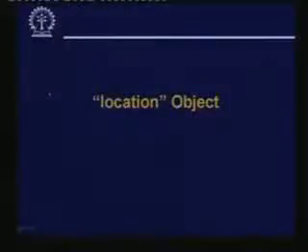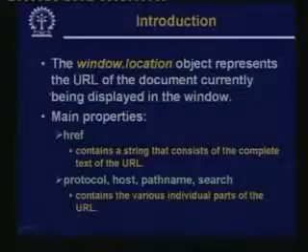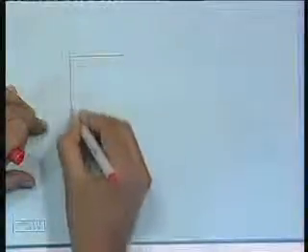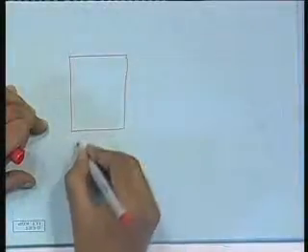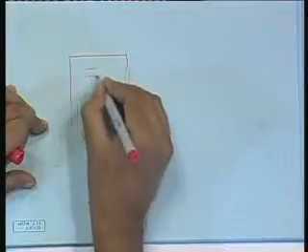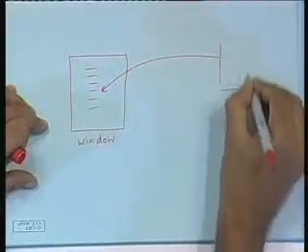Next, let us come to the location object. Now, as I said, the location object actually is something using which you can specify the URL of the document which is displayed in the window. So, here the idea is again like this: you have the window, this is your window, and whatever is being displayed in the window, this has come from somewhere else.